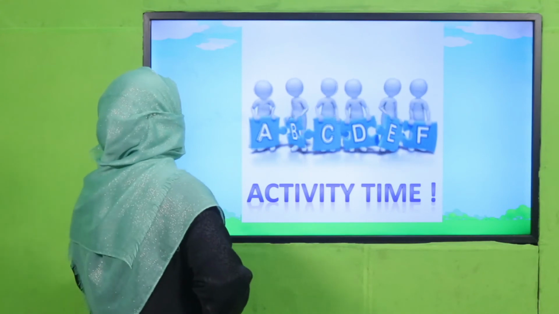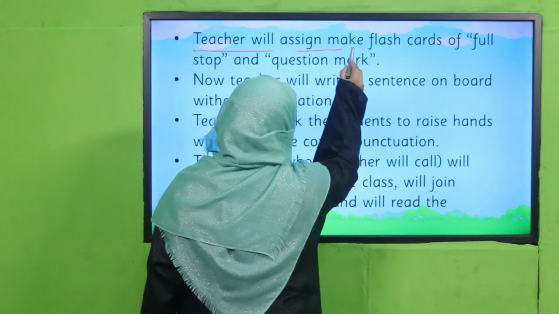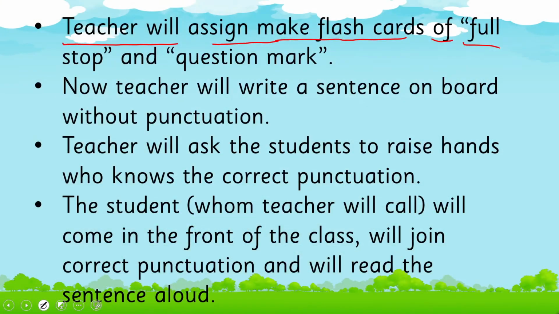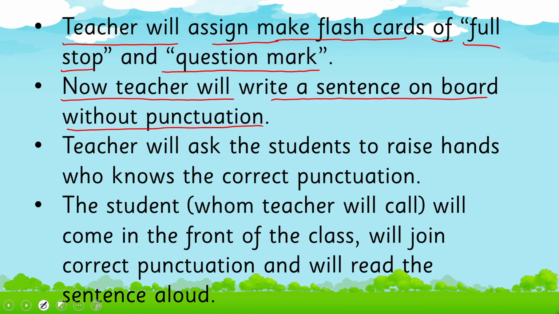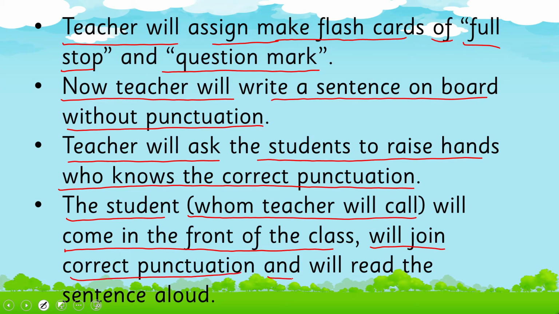All right. What we are going to do, your teacher will assign or make flashcards of full stop and question mark. Now teacher will write a sentence on board without punctuation, and teacher will ask the students to raise hands who knows the correct punctuation for that sentence, and the students whom teacher will call will come in front of class and will join the correct punctuation and will read the sentence aloud.